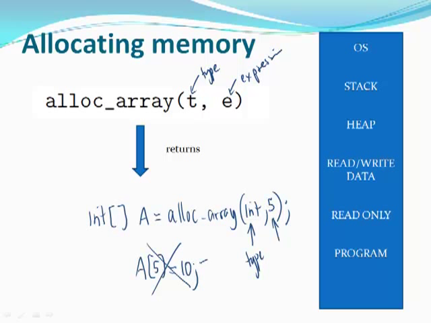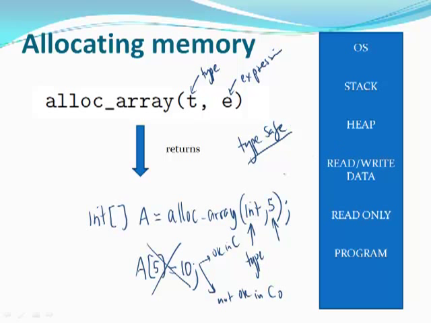So this is okay in C, but not okay in C0. That's one of the reasons that C0 is what we call type safe. And when you define an array type, we must define what type it is and how big the array is going to be.